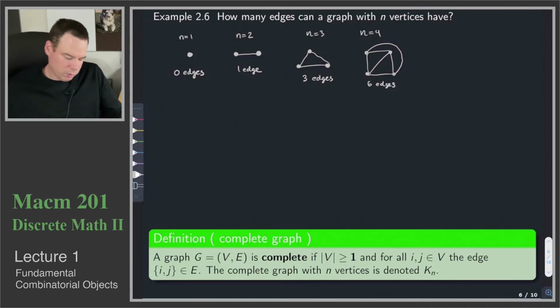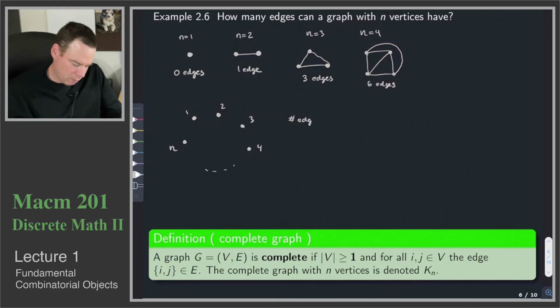What about in general? What if I had vertex 1, vertex 2, vertex 3, vertex 4, all the way around to vertex n? And I want to know how many edges can I have in total? Let's get a feel for maybe how to count these.